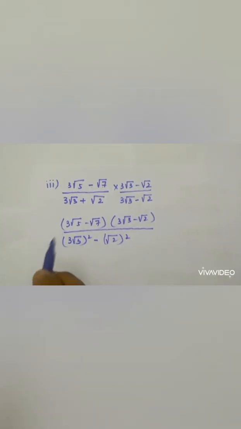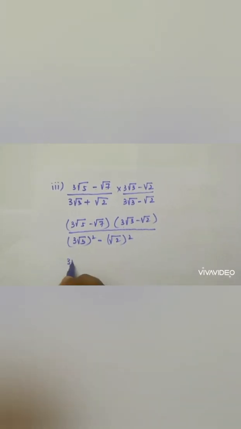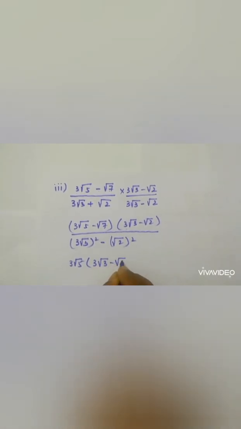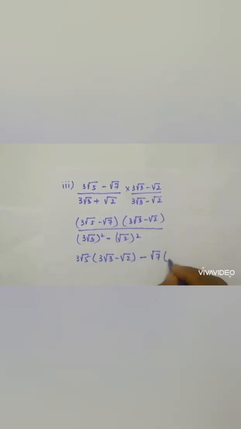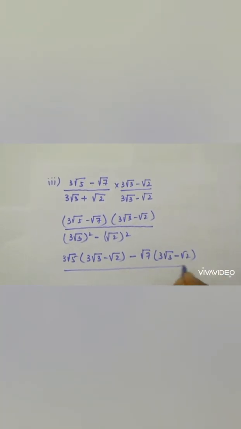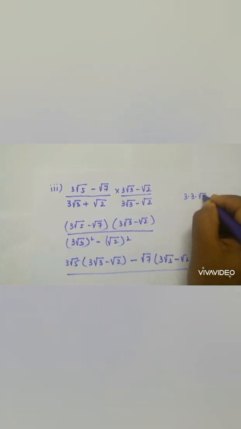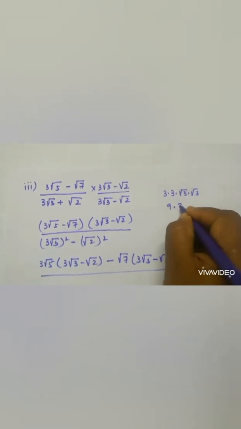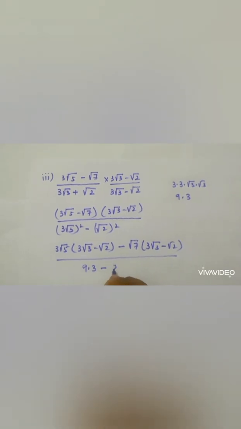Now, let us multiply 3 root 5 into 3 root 3 minus root 2, minus root 7 into 3 root 3 minus root 2 by, here 3 root 3 whole square means 3 into root 3 into 3 into root 3. 3 into 3 is 9. Root 3 into root 3 is 3. So, 9 into 3 minus root 2 whole square is 2.